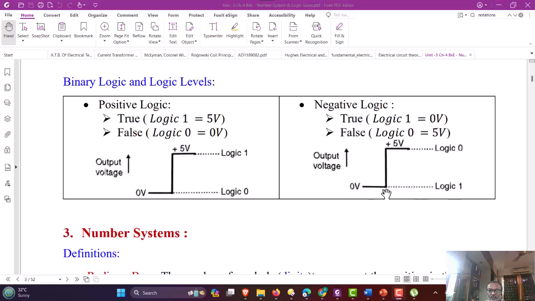See, in the negative logic system, 0 volt level is logic 1 here, and in positive logic system, 0 volt corresponds to logic 0. Whereas in positive logic system, 5 volt corresponds to logic 1, whereas in negative logic system, 5 volt corresponds to logic 0. Most of the time, we are using positive logic system only.